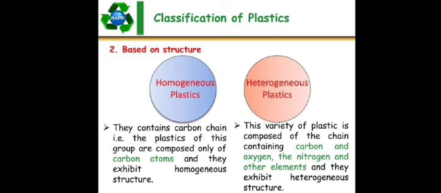Based on the carbon structure, these are composed. The other variety of plastics are composed of a chain containing carbon, oxygen, nitrogen and other elements. They can exhibit heterogeneous structure. So based on the structure, first one is homogeneous, second one is heterogeneous.